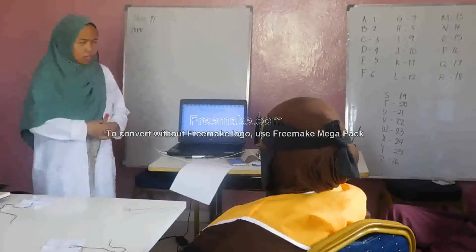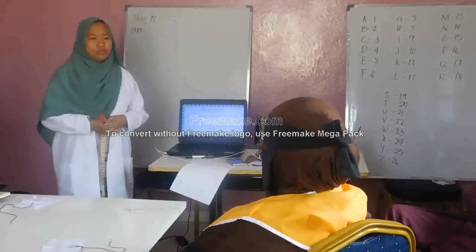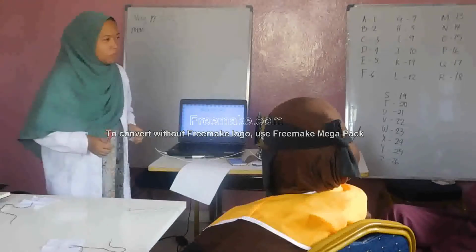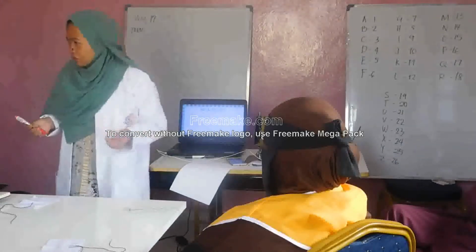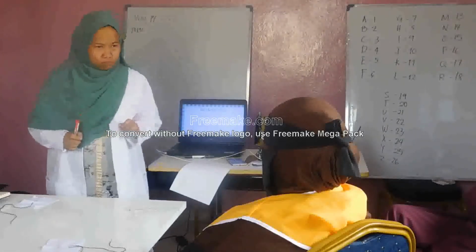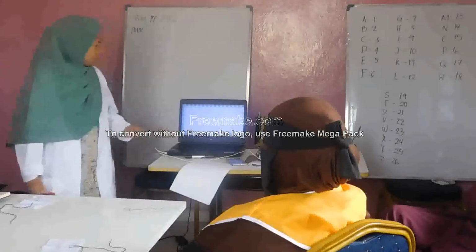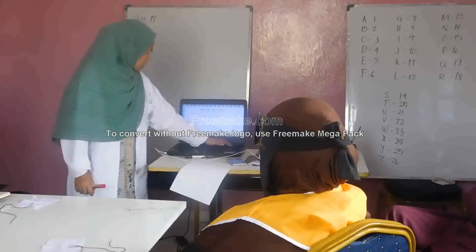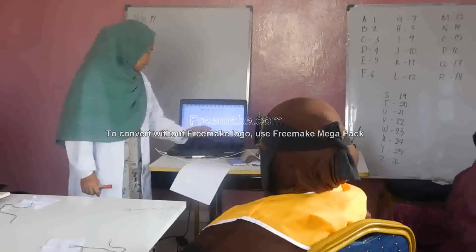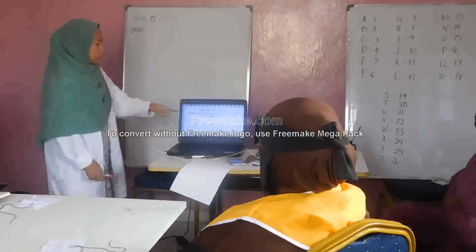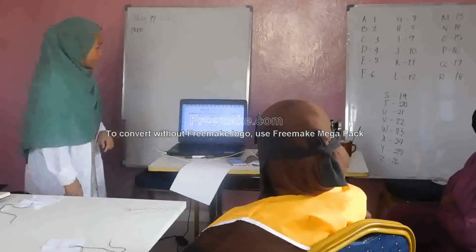Now, at the beginning of our new topic, let's break some code. Do you know what a code is? It's a secret message. So how are we going to do that? Let's break the code of the following numbers to reveal the topic.